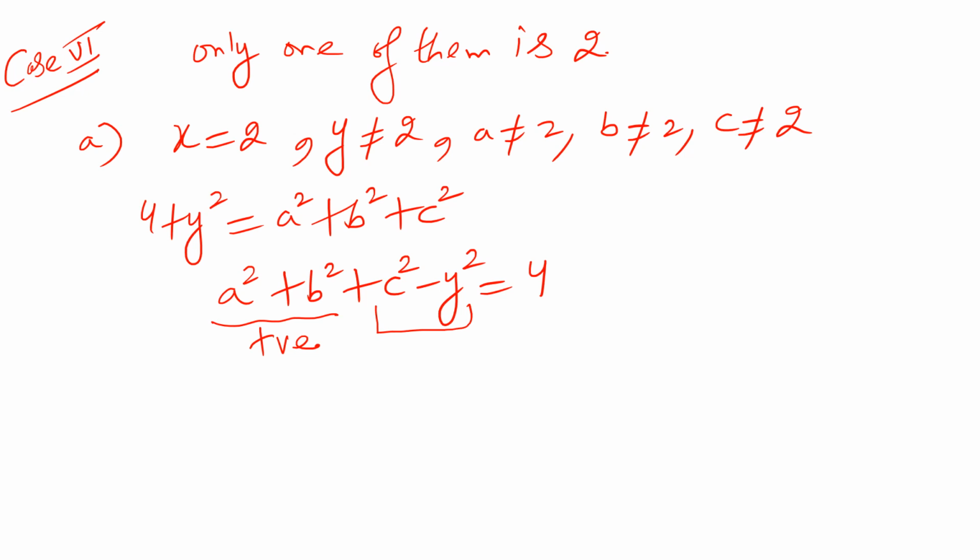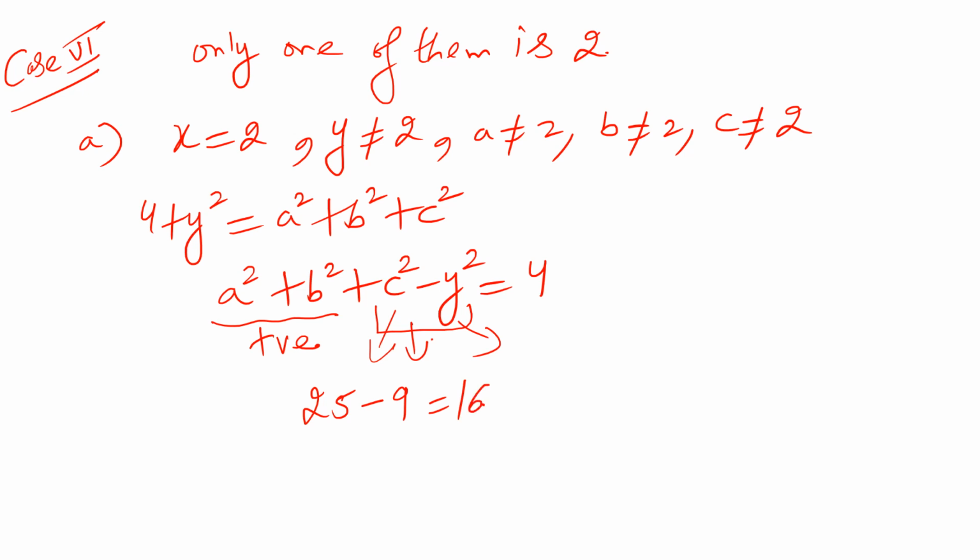So let me find its minimum value, because since they cannot be 2, the minimum value for y I can fix as 3 and c I can fix as 5. Fine. So the minimum value of this difference will become 25 minus 9, which is 16.